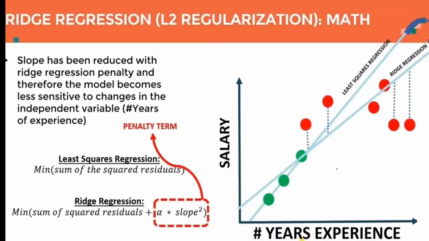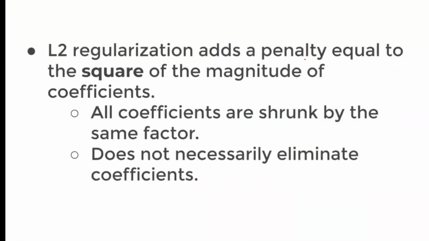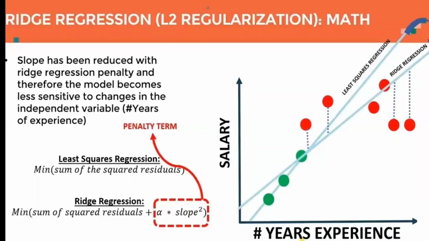Right? Now, L2 regularization adds a penalty equal to the square of the magnitude of the coefficients. And all the coefficients are shrunk by the same factor, because whatever slope squares you are considering, that is beta 1 square plus beta 2 square plus beta 3 square. Assume the TV, radio, newspaper example only. So we are having three values, and for that we are going to multiply with alpha.